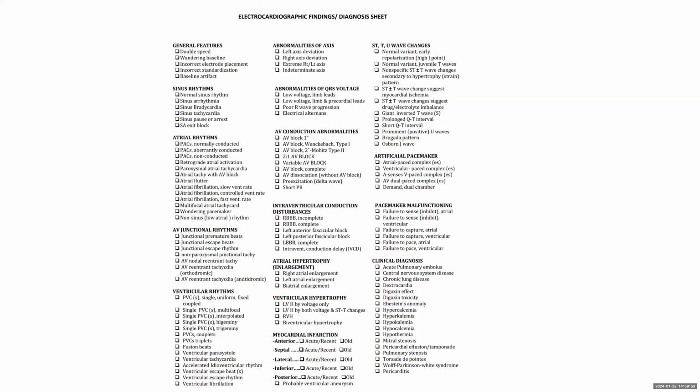Can we code AV block and AV dissociation? No, because they wrote without AV block in the coding sheet. Undersense, overpace, correct. If the spike came on the T wave, not followed by a paced beat, we can't say failure to pace. Yeah, that's a bit advanced. So failure to capture can be physiologic.